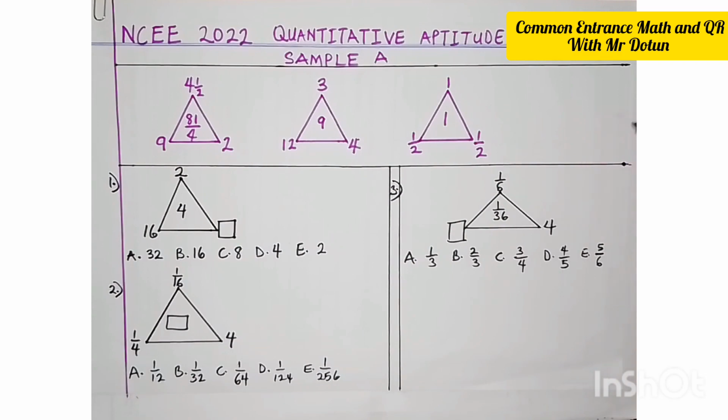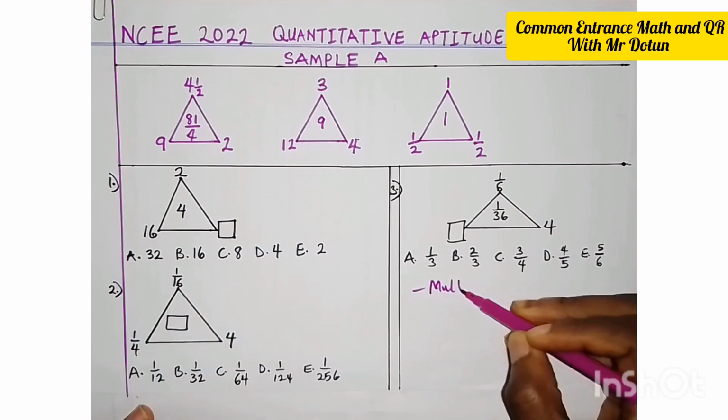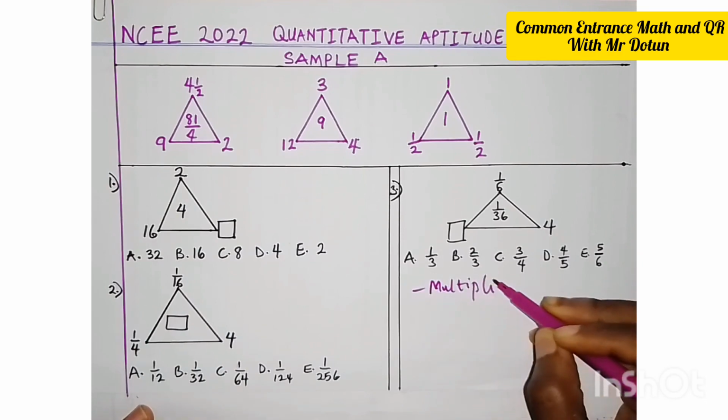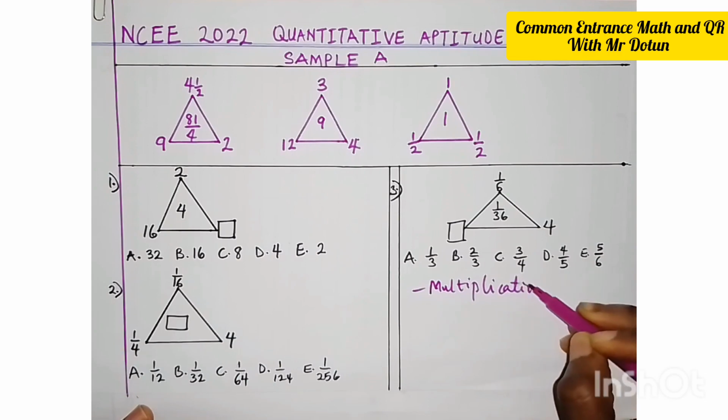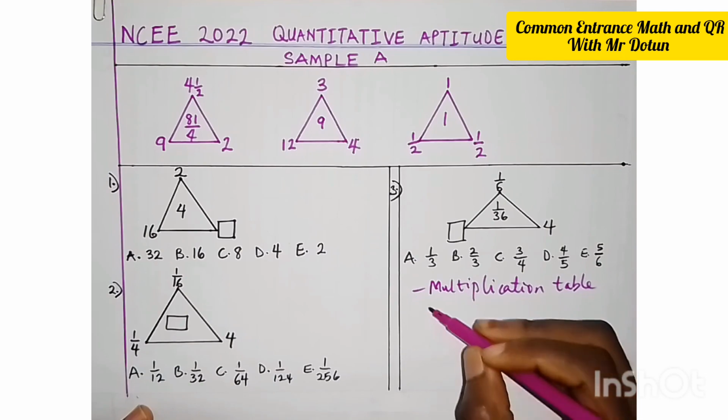One of the things that will help you with your quantitative aptitude or quantitative reasoning is your understanding of your multiplication facts, your multiplication table. It's very important. It will really help you.